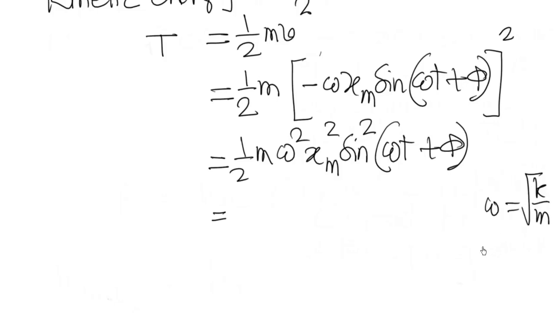So if you square both sides, then m omega square becomes k.